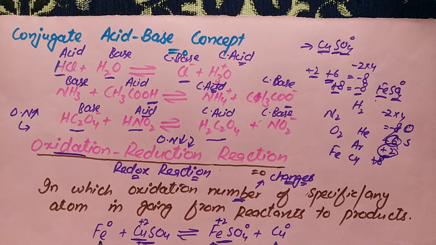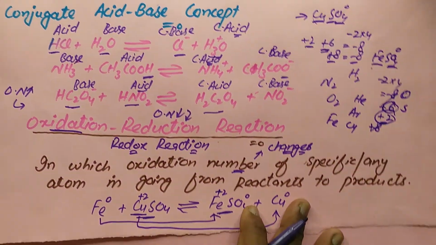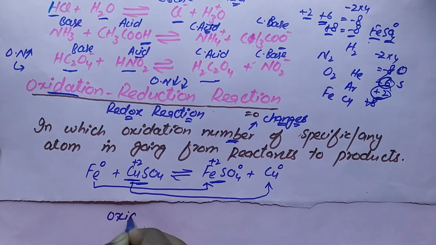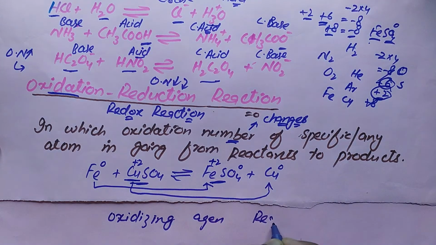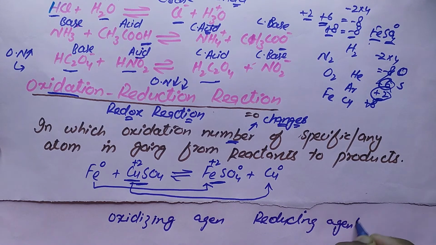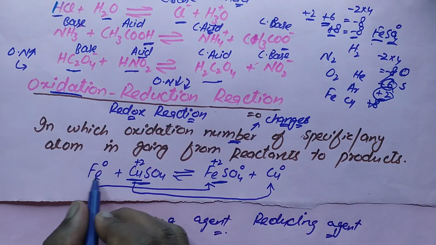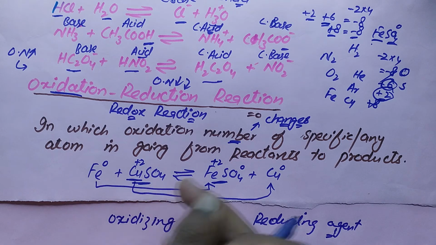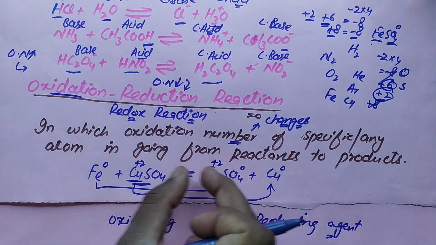Clear? And oxidizing agent and reducing agent, how can you clarify the concept of oxidizing agent and reducing agent? First of all we discuss the species which is going to oxidize.